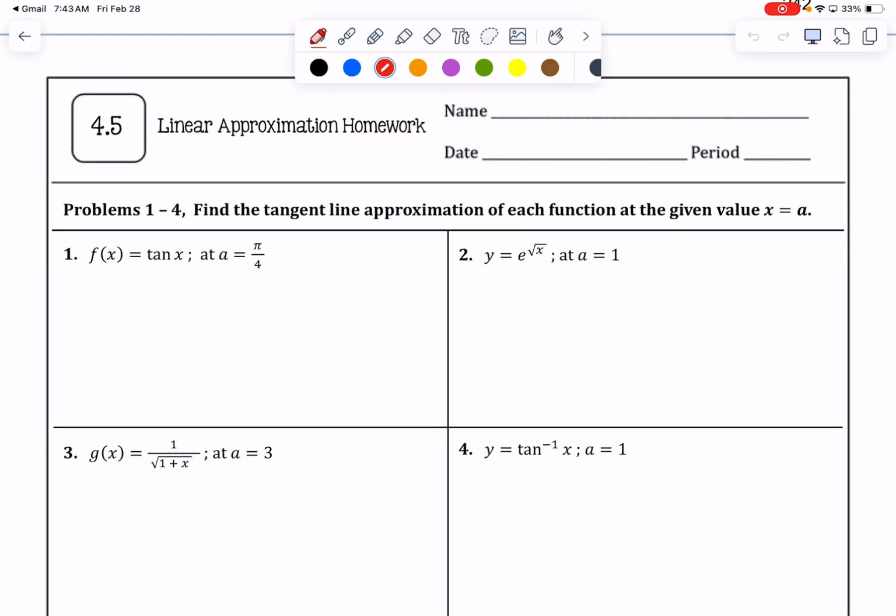To do linear approximation, you have to be really good at writing the equation for the tangent line. What do you need to write the equation for a tangent line? You need a point and a slope. We find the point from the original function, and we find the slope from the first derivative.